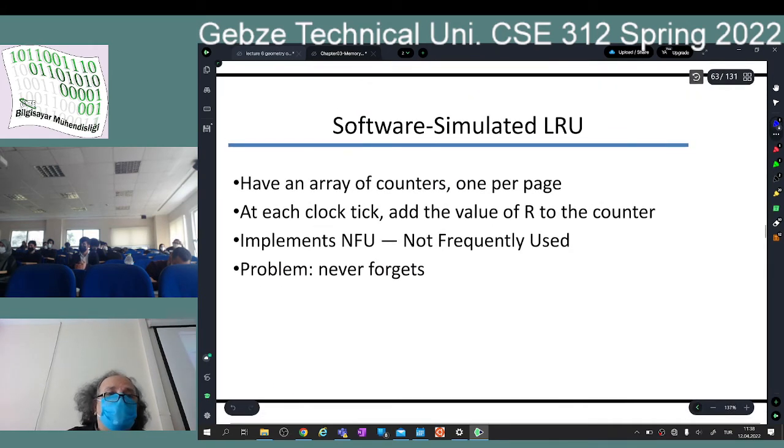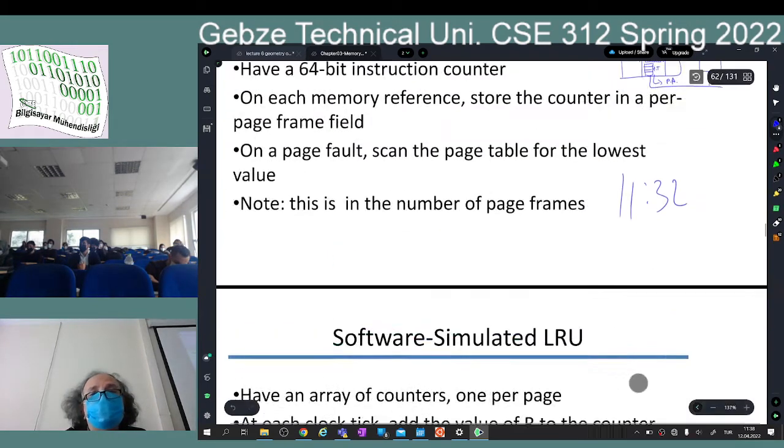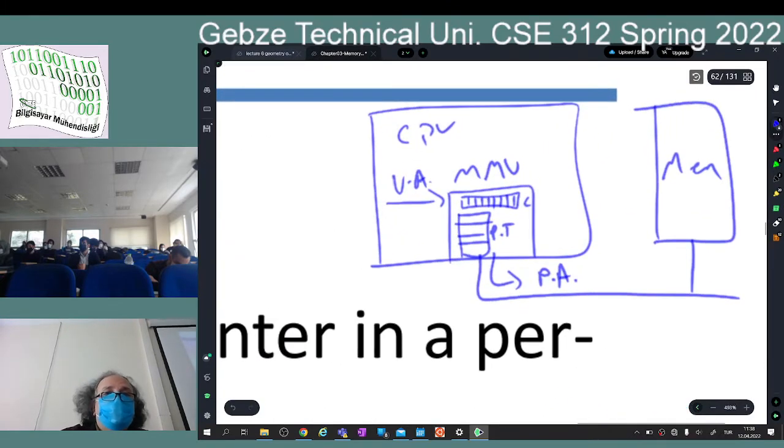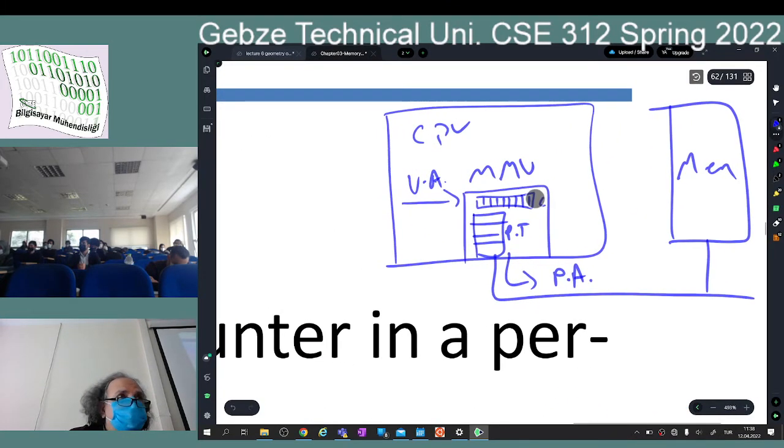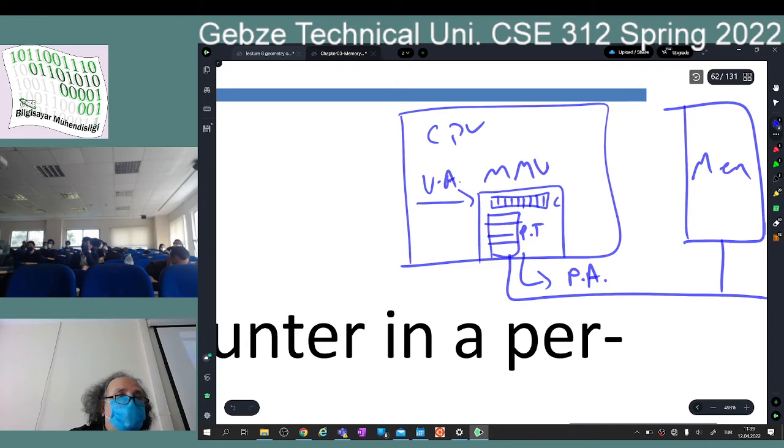If I don't have hardware help, then I am going to do the same thing with software. Let's look at the software simulated LRU. First thing is, I can't do exactly the same thing in software. That would be too expensive, because incrementing this counter and modifying the page table for each memory access can be done in hardware.